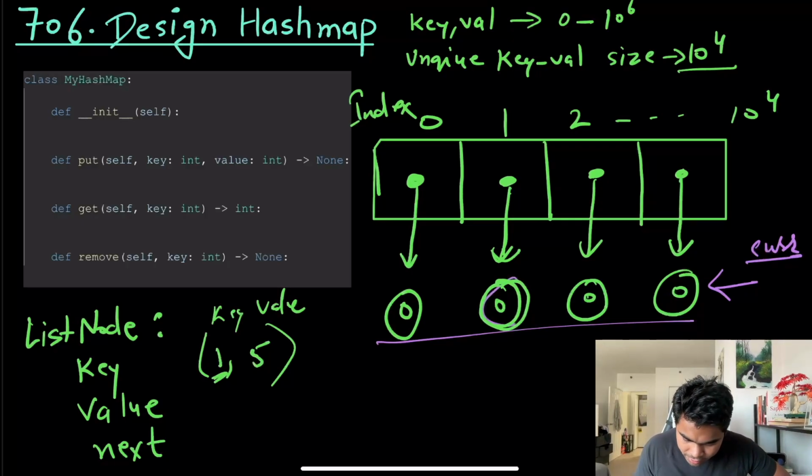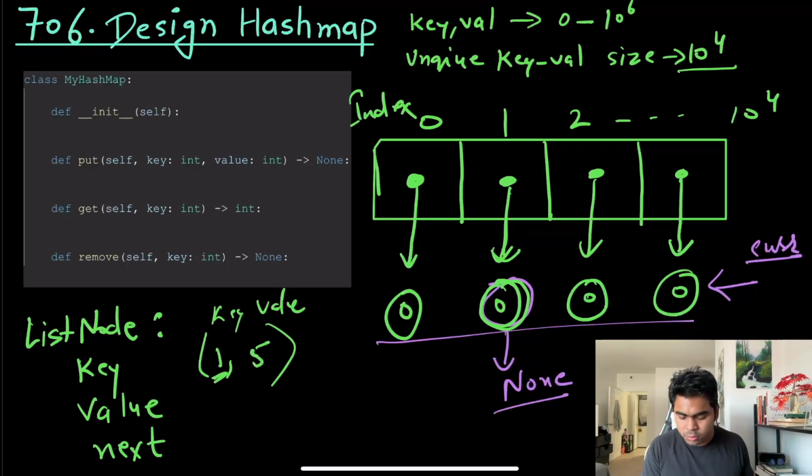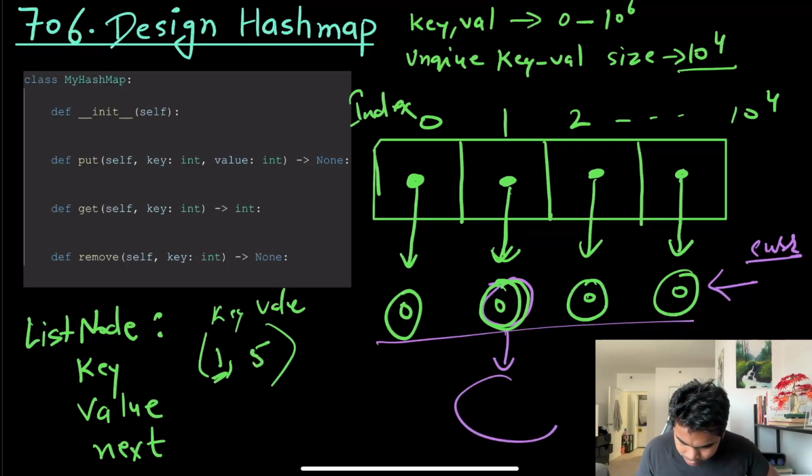Now if I have this current pointer and I see that it's pointing to none right now, its next pointer is not pointing to anything, then I will place a new list node right here. So the key will be 1 and the value would be 5. That's how I will store it, and then I will place its next pointer to none.